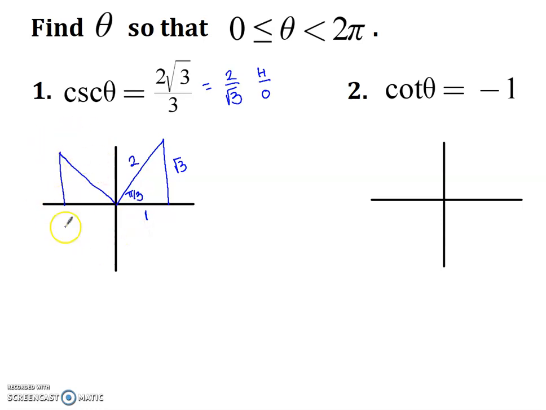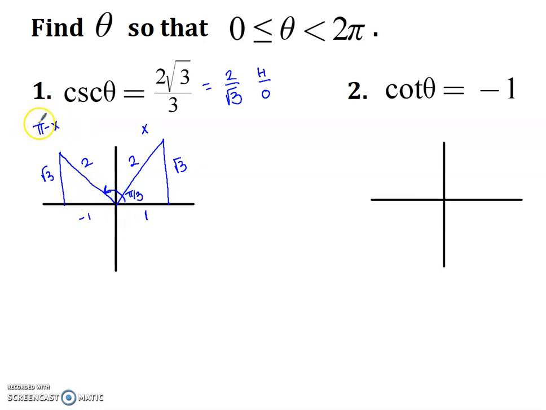And I didn't label this other triangle, and that's fine. If you want to label both triangles, you can, but you only have to label one. So now in quadrant 1, we just use x, whatever our reference angle is, that's going to be our answer. In quadrant 2, we're going to subtract it from pi.